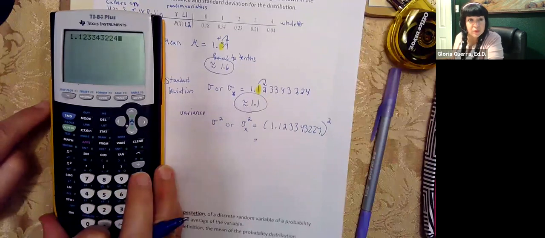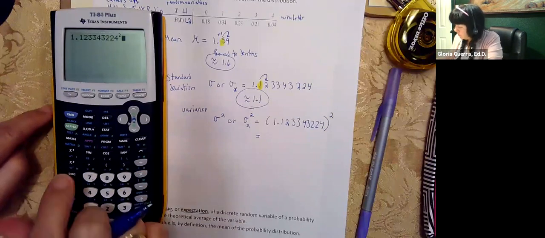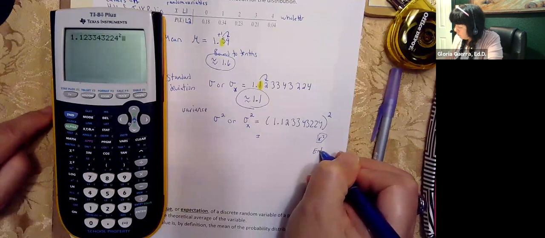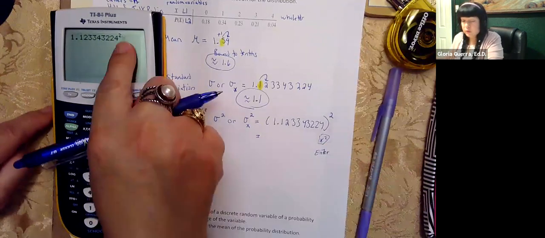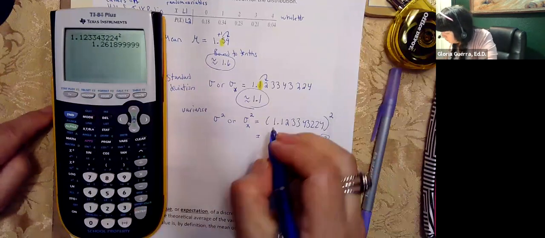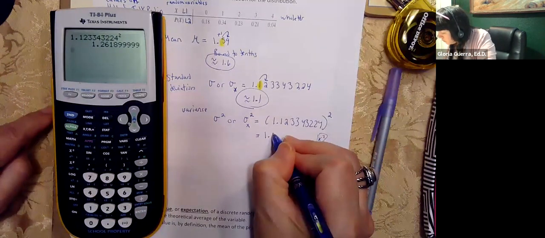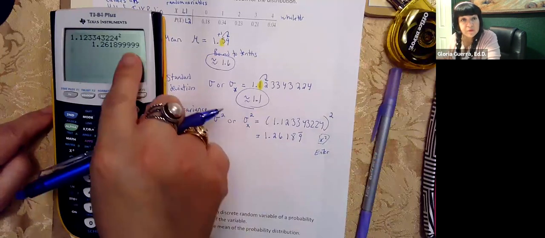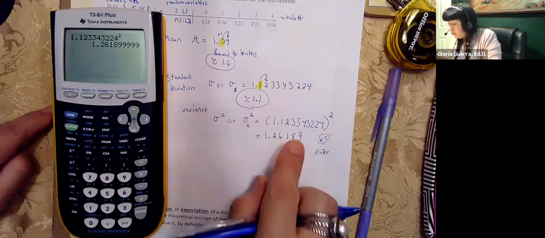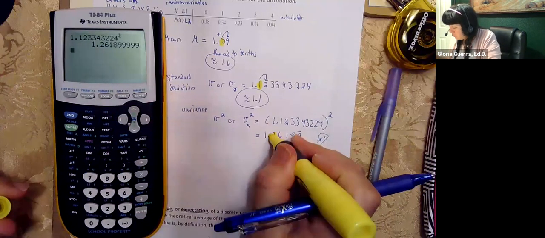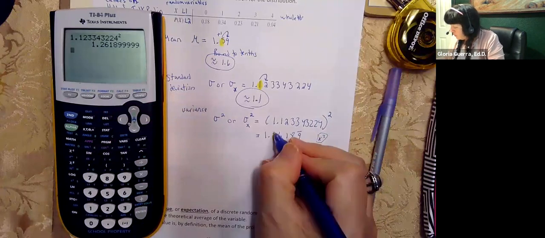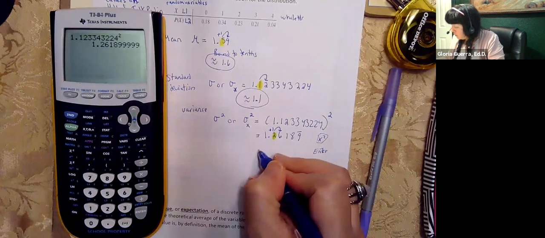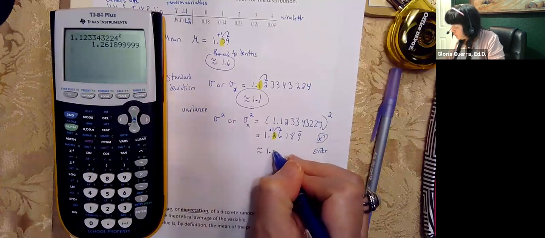See this x squared right here? Hit enter. I'm going to put a bar over this because all these 9s repeat. I'm still going to round to the tenths place. Look at the neighbor. Is that 5 or more? Yep, it's a 6. So add 1 to that 2, and that gives you 1.3.